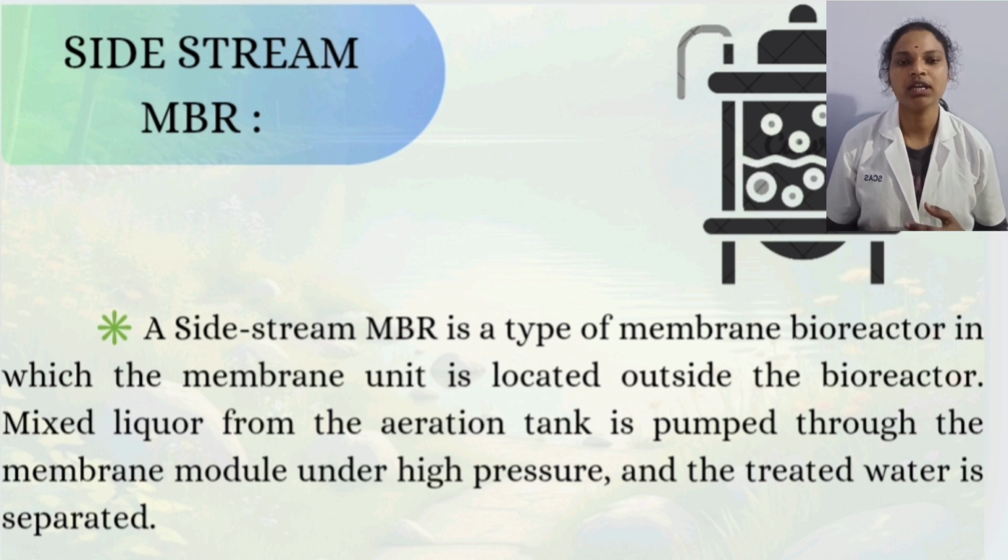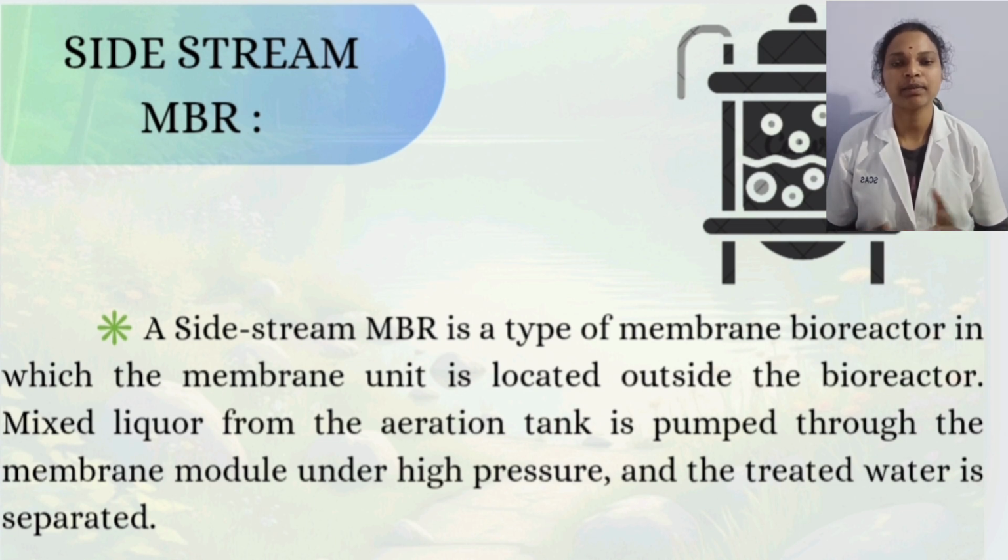Side stream MBR is a type of membrane bioreactor in which the membrane unit is located outside the bioreactor, whereas in submerged MBR the membrane is located inside the bioreactor. Mixed liquor from the aeration tank is pumped through the membrane module under high pressure, and it is treated, and the treated water is then separated.